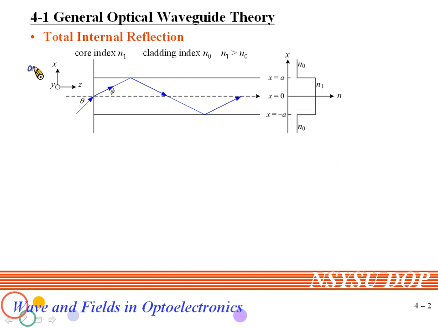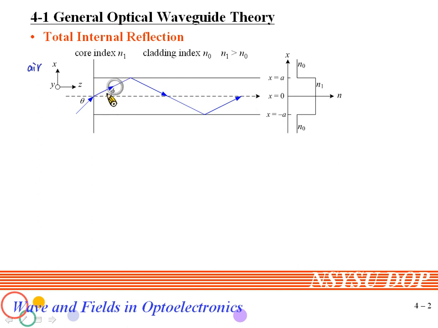And we want to transmit a signal from the air to the waveguide. Consider a signal with the angle theta to the waveguide axis, which is z, and we want to launch this signal into this waveguide. As the signal goes into the waveguide, the corresponding refraction angle is phi.